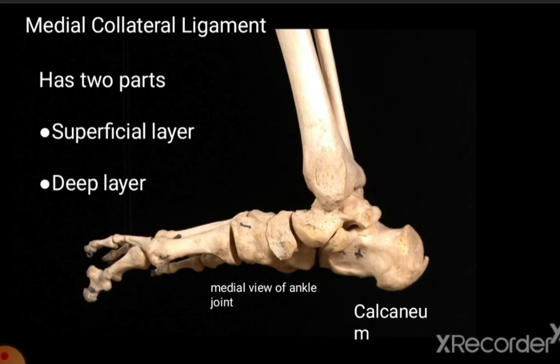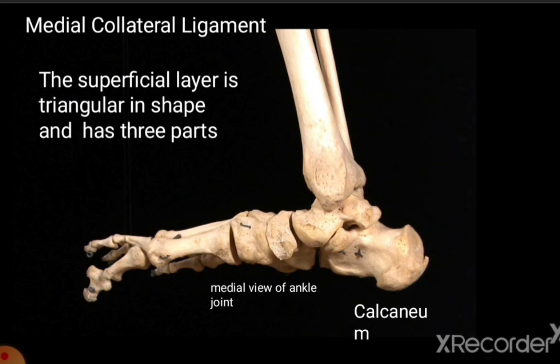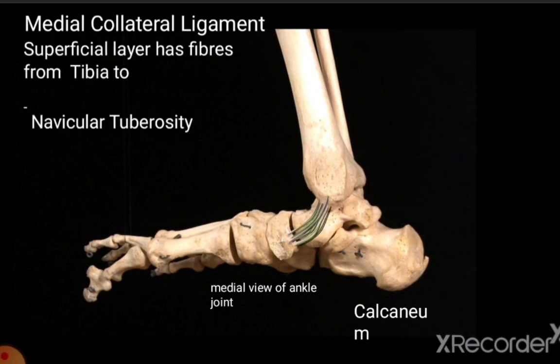So deltoid ligament or the medial collateral ligament has 2 parts, the superficial layer and the deep layer. The superficial layer is triangular in shape and has the 3 parts. First part goes towards the navicular tuberosity from the tibia.